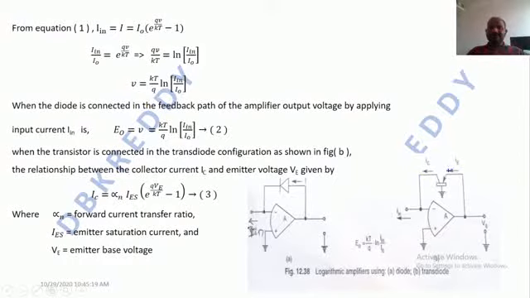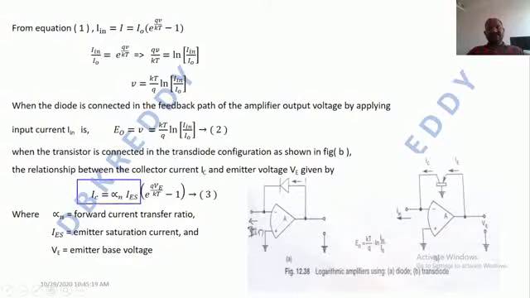So when you are taking the trans diode, we are having the equation for the current passing through the BJT, which is nothing but the collector current. Equation number 3 is indicating the current passing through the collector terminal of the transistor.